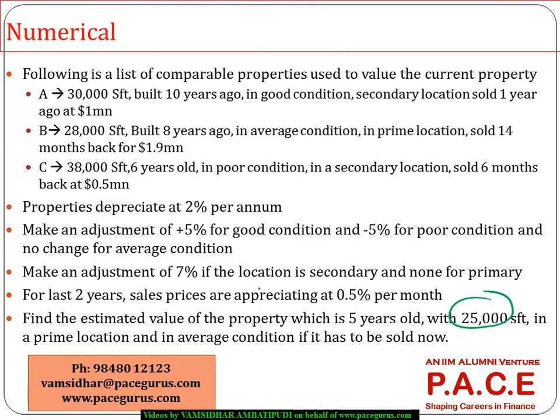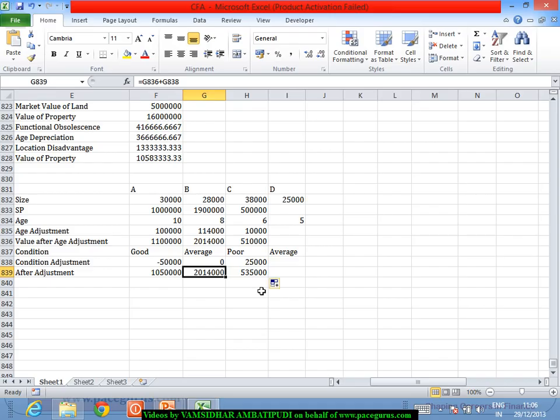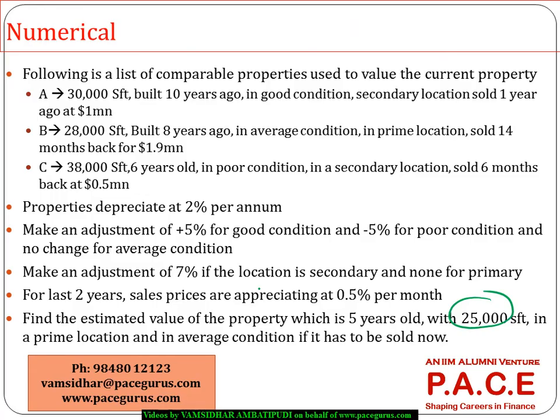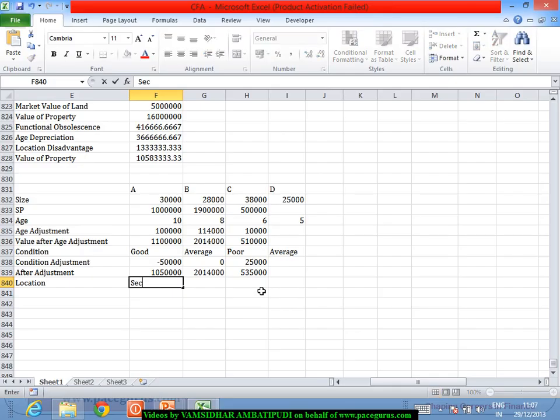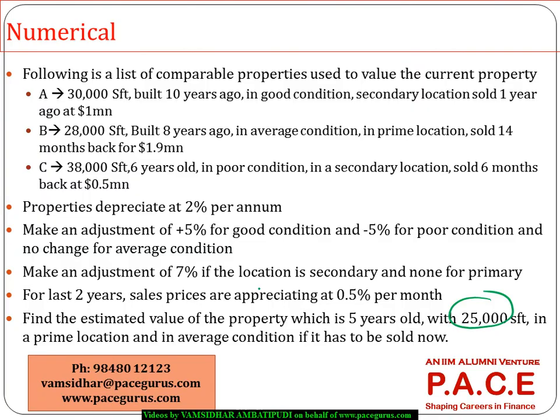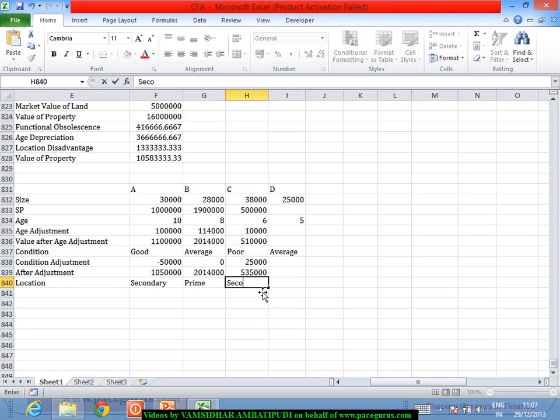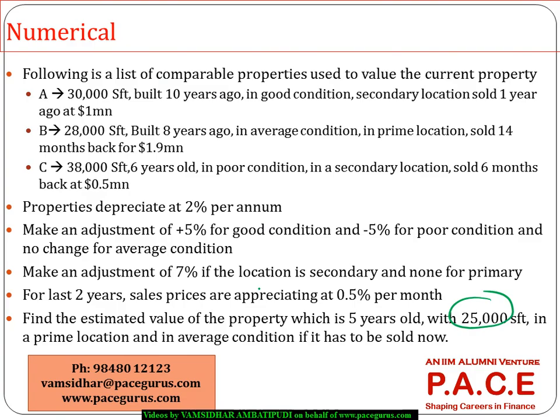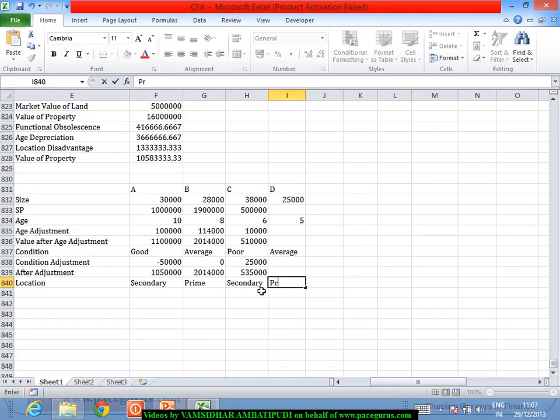Then make an adjustment of 7% if the location is secondary and none for primary. Now I am looking at the location. A is in secondary, B is in prime, C is in secondary, and D is also in prime. So if it had been prime, I will not do any adjustment.